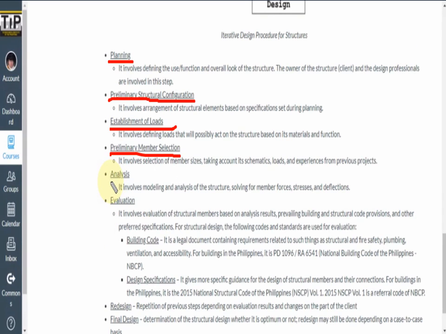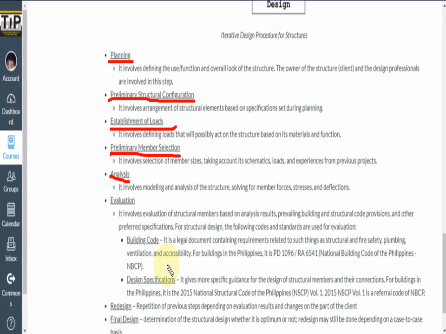Next, after you have established everything in the last three steps, the configuration, the loads, and the trial sections, you will now analyze the structure. Usually, we use software for this. However, in the olden days, they did this manually.